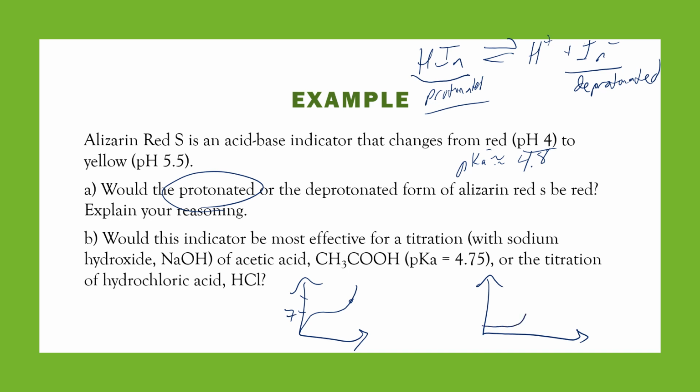Whereas with a strong acid and a strong base, the pH at equivalence point is exactly 7. So neither of these would be the best choice for alizarin red S. But if I had to pick between the two, it's slightly better for the hydrochloric acid because the pH at equivalence point is lower versus a weak acid, which is going to be above 7.